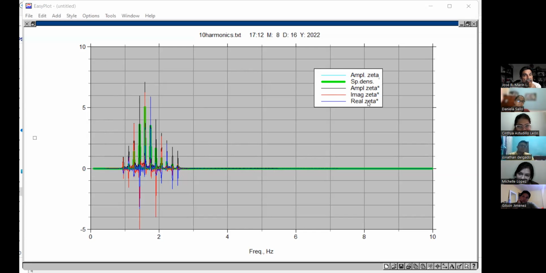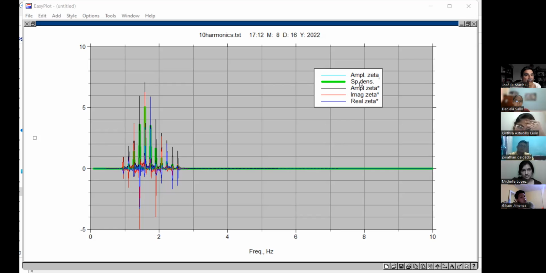Here, you have an explanation. This is the name of the text file, of the data file. And on the right, this is the information on the time, it's 5:12 right now, and this is the month, day, and year. So if you run this many times, you can identify different result files.